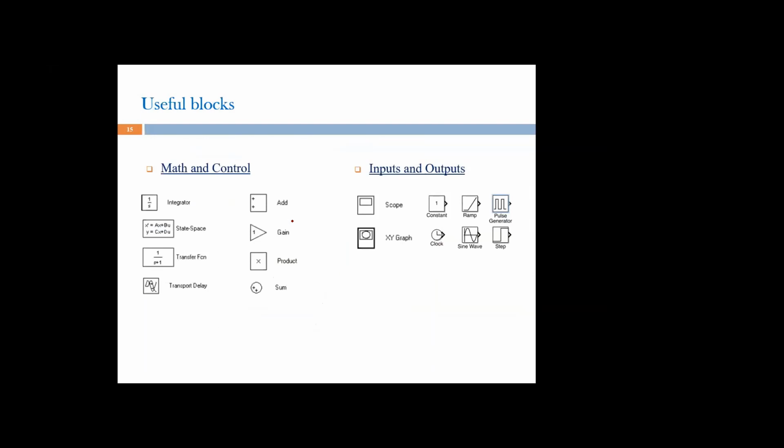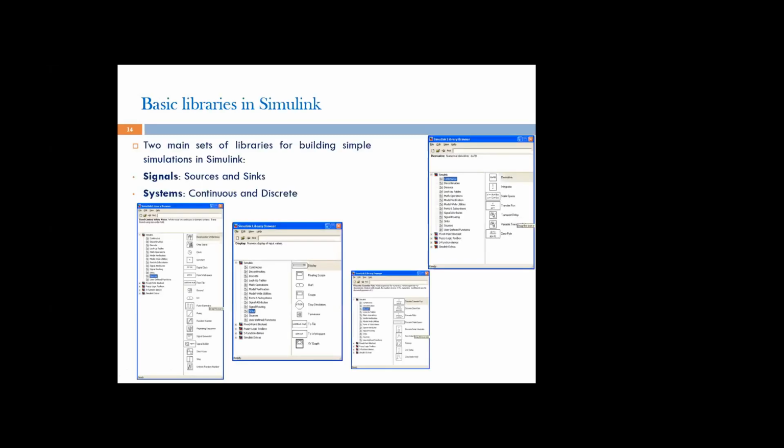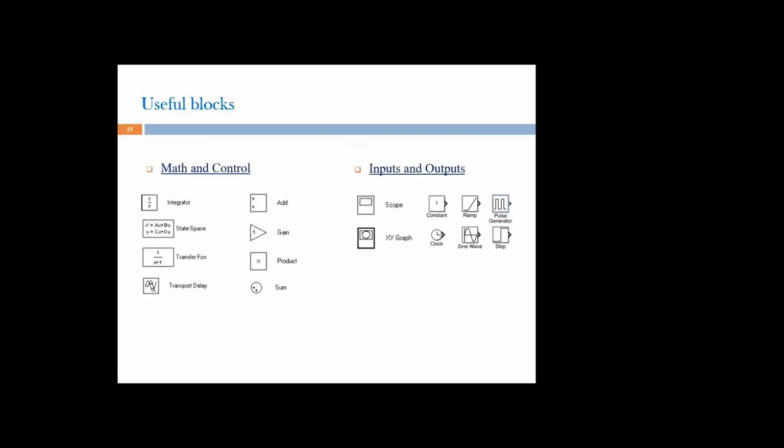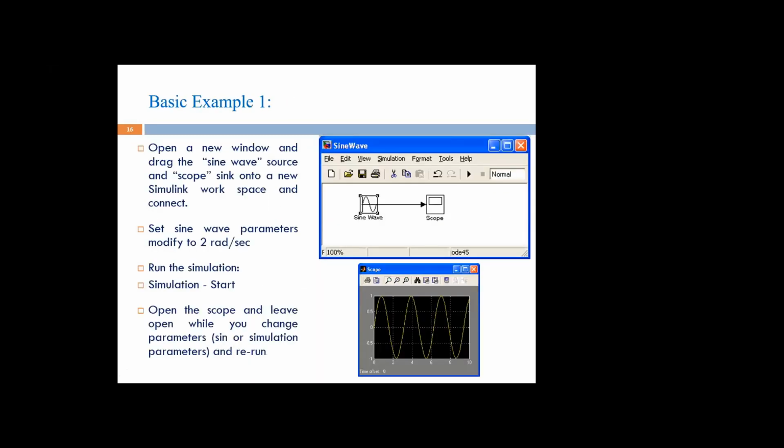If you want to do any system development, like transfer functions, or design an integrator or differentiator circuit, you have integrators, differentiators, state space, transfer functions, all sorts of mathematical and control blocks, inputs, outputs, sources, sinks. All sorts of inputs are available here.